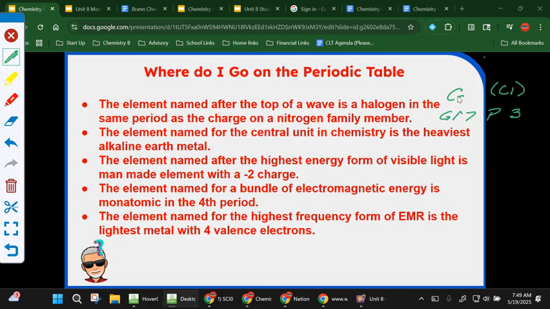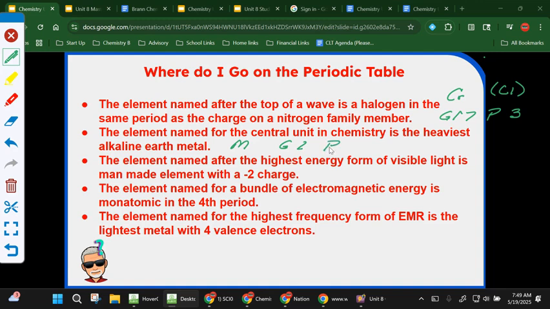Okay, good. The element named for the central unit in chemistry. What is the central unit in chemistry? Mole. Now be careful, because there are multiple elements that begin with an M. So what is the symbol for mole? M. Now, what group is the alkaline earth metals? Group 2.